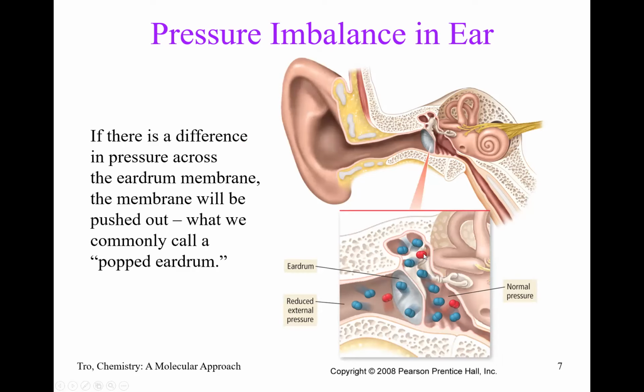The blue ones are nitrogen, the red ones are oxygen. So you have this thin little lining. This is your eardrum, this thin piece of skin. And it's thin enough, and that's one of the reasons it gets damaged if you fall into water hard enough, and water can come in here and actually break the drum. But it's thin enough that given a pressure gradient, gas molecules can move through it.